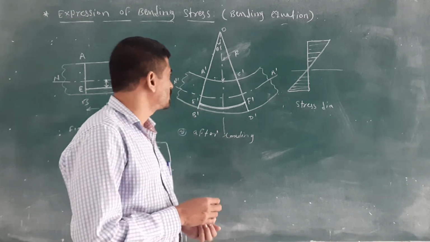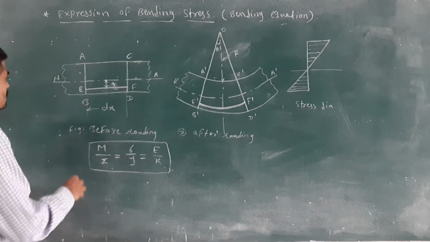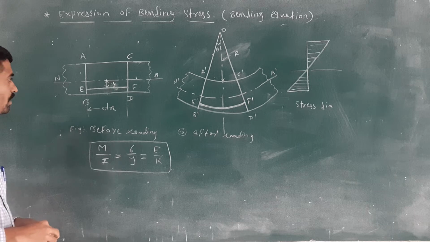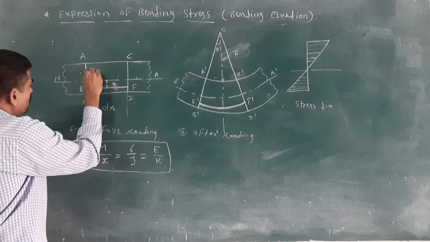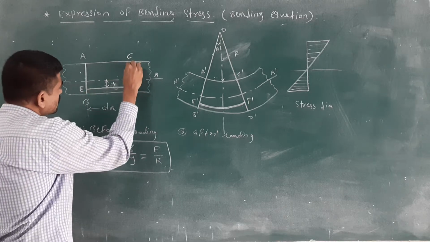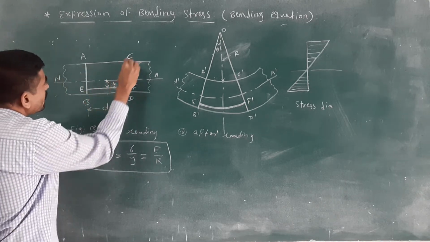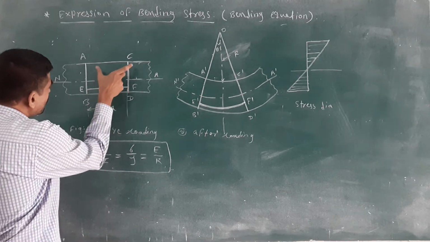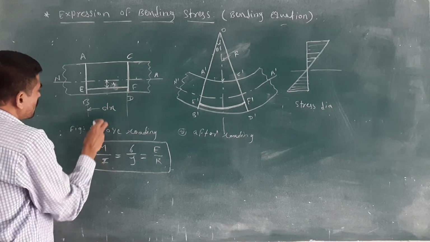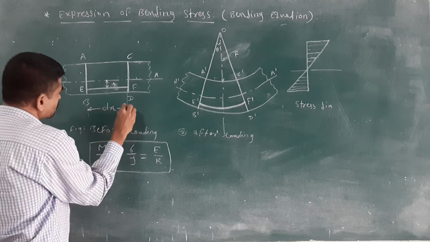See here, we have considered one body. From that body we will consider a small part. I have taken two sections, AB and CD, and we will consider the small part from that body at a distance dx.